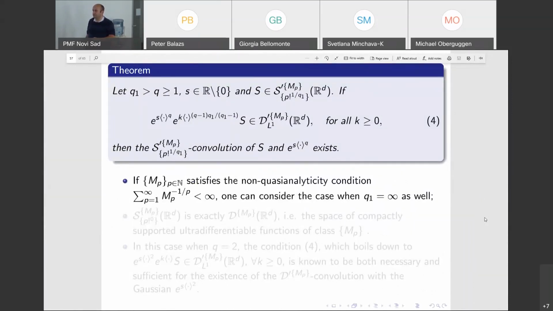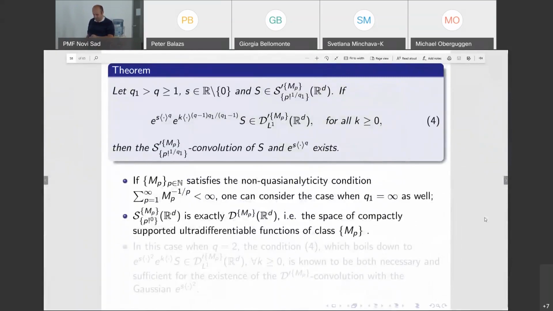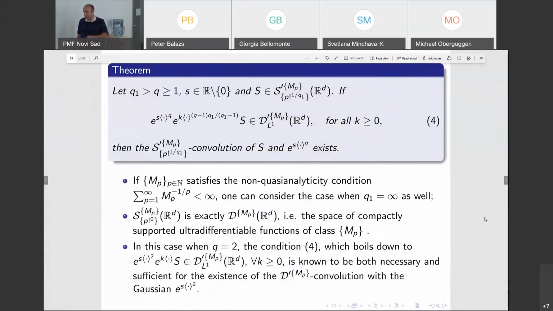Then this is exactly the space of compactly supported differentiable functions. And then if we take q1 equals infinity and q equals 2, then we just recover the results obtained by Professor Prangoski for the convolution of the Gaussian.